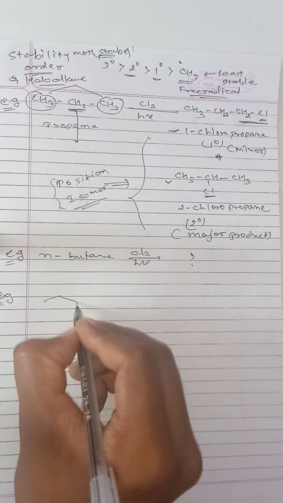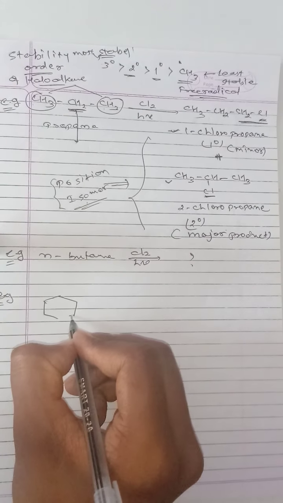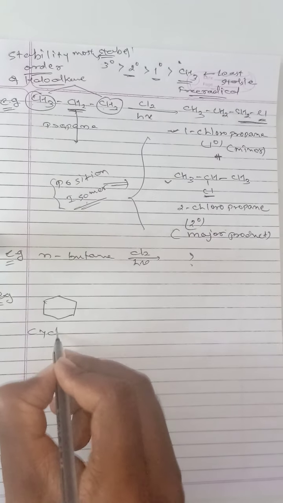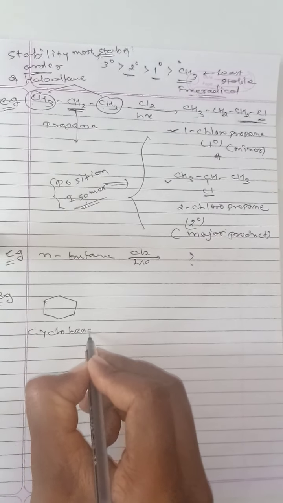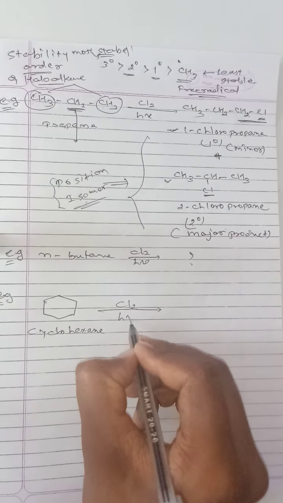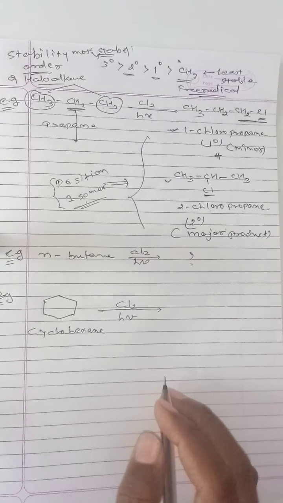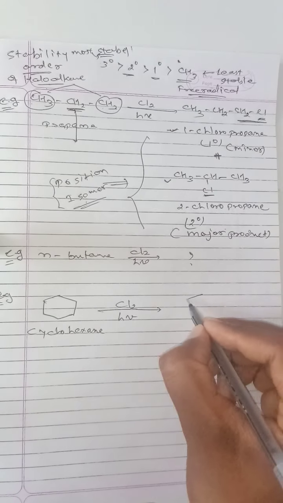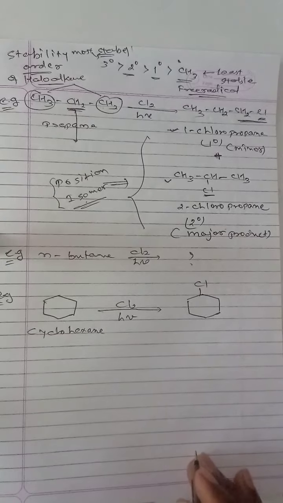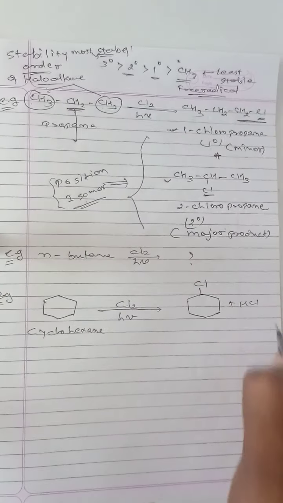Let's see another example. Suppose here cyclohexane on chlorination in presence of sunlight, we get chlorocyclohexane.